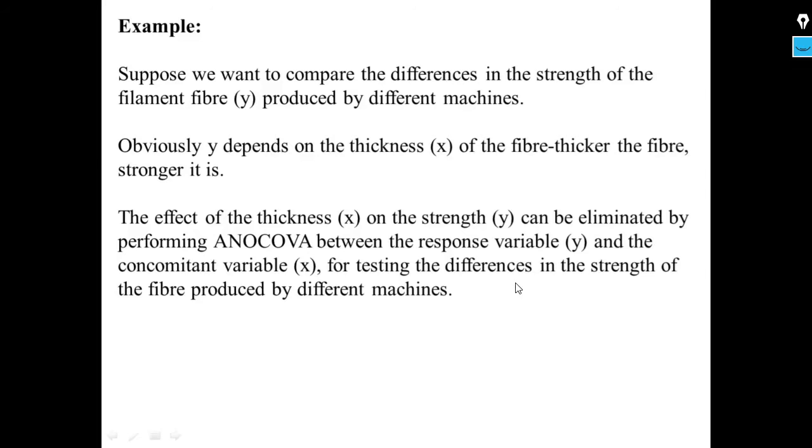Here we conduct an experiment to compare different machines which produce filament fiber, but we also consider another variable, the thickness of the fiber. To test this we perform analysis of covariance in a completely randomized design.